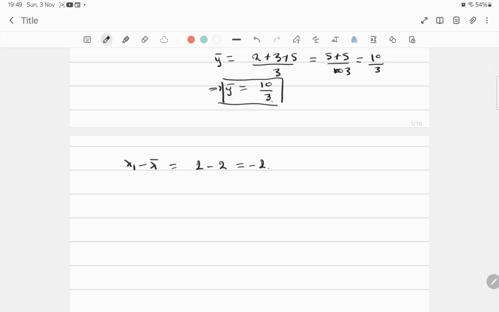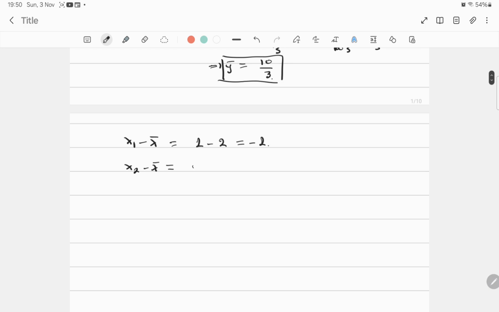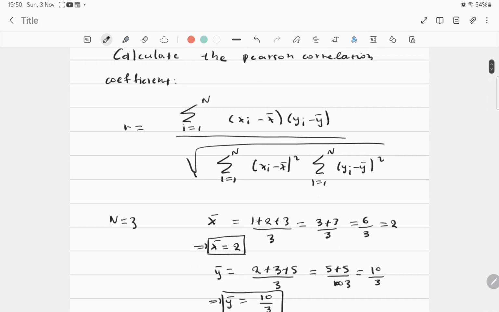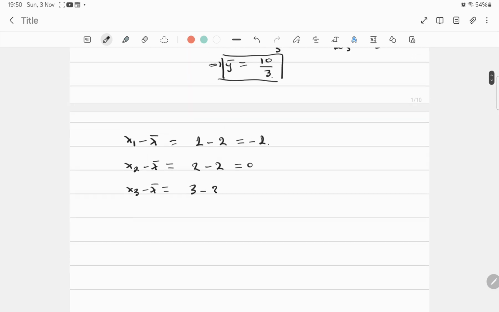That's minus 1 here. x2 minus x bar, 2 minus 2, that's equal to 0. x3 minus x bar, 3 take away 2, just gives me 1. x1 minus x bar is equal to minus 1. x2 minus x bar is equal to 0. x3 minus x bar is equal to 1.